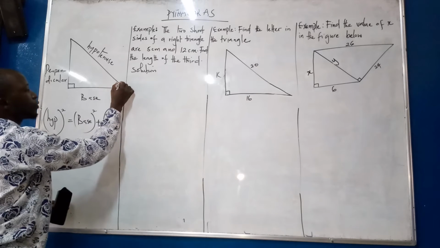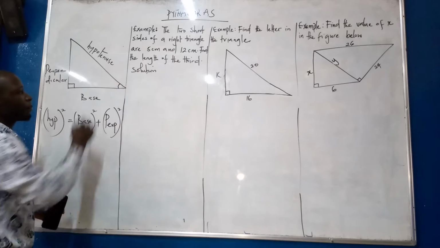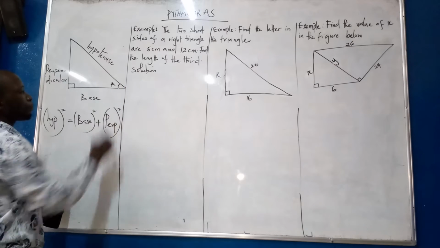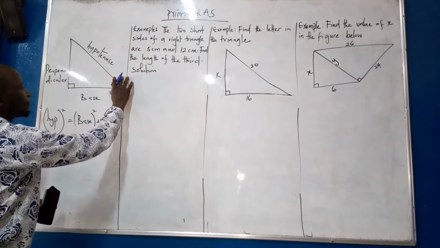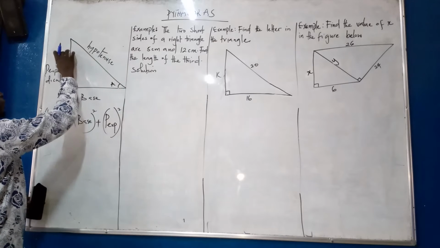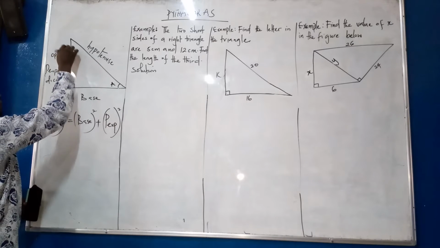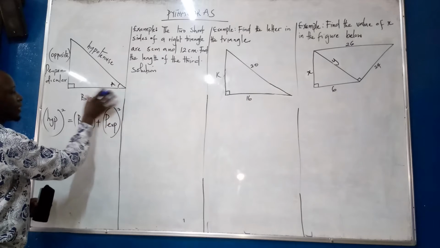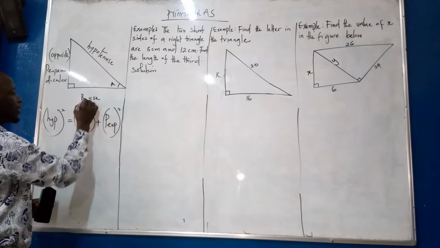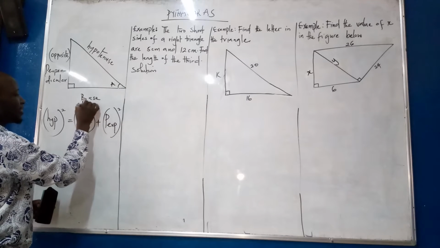Now, assuming that we have an angle here, and the angle is angle A. Considering this angle A, directly opposite this angle A, we have the opposite. And we have the side adjacent to this angle A, therefore we call this one adjacent.